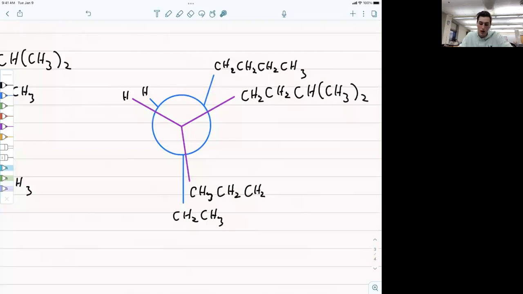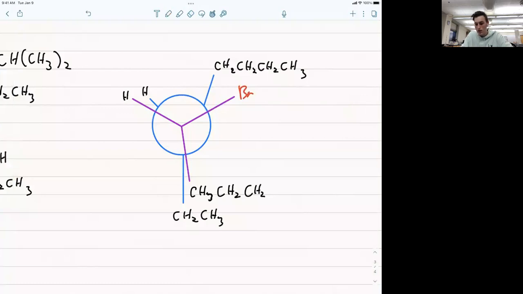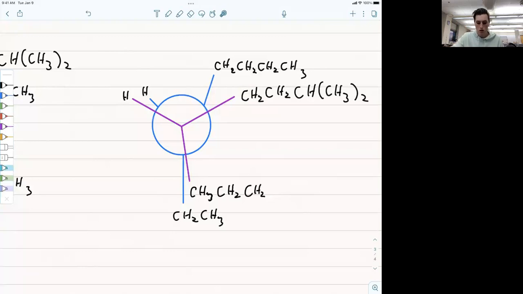So for instance, if I had bromine as one of these instead, bromine is heavier than carbon. So this one is going to be less stable, because bromine is a good amount heavier than carbon, so it's going to produce more hindrance than carbon. And if you do have a tie, that's when you go to the next one, which is why that is the case.